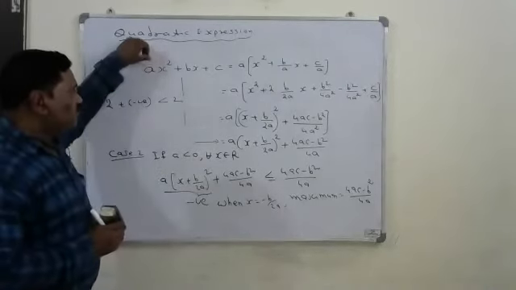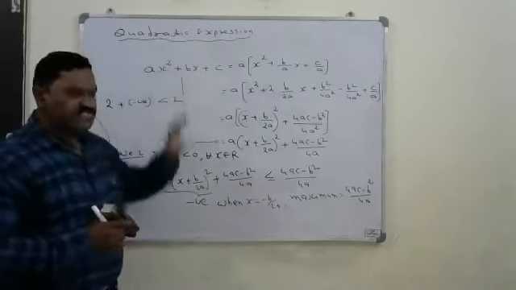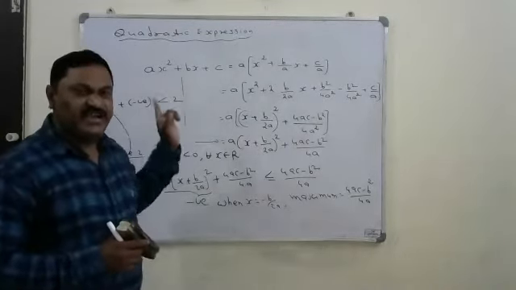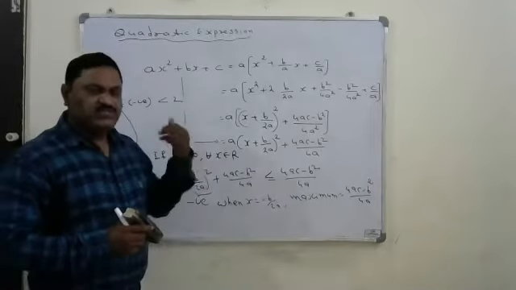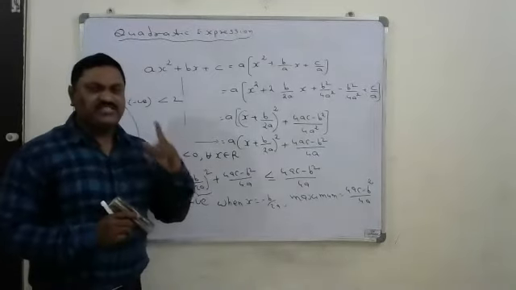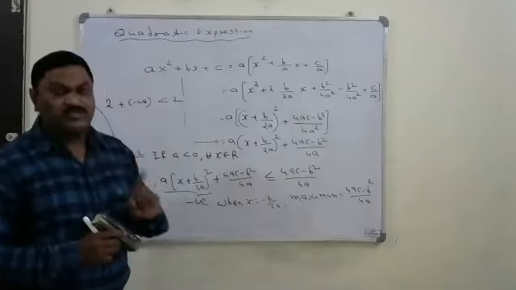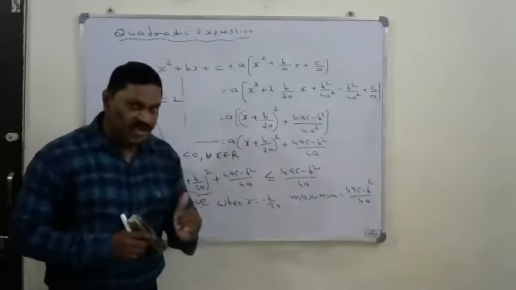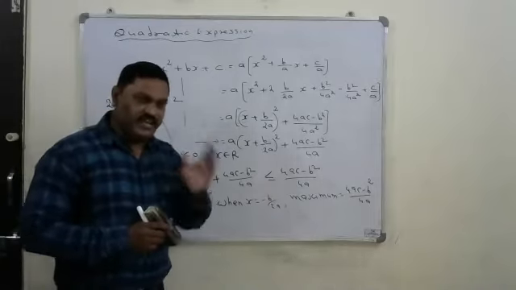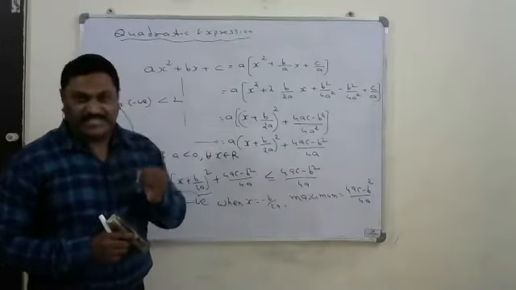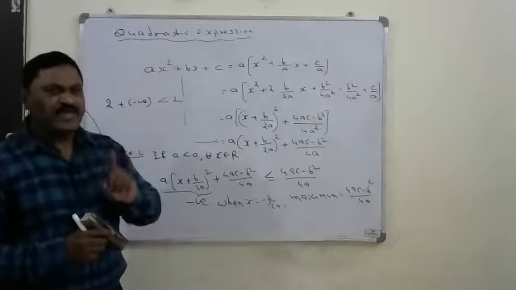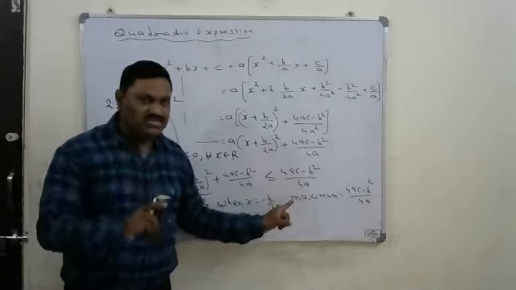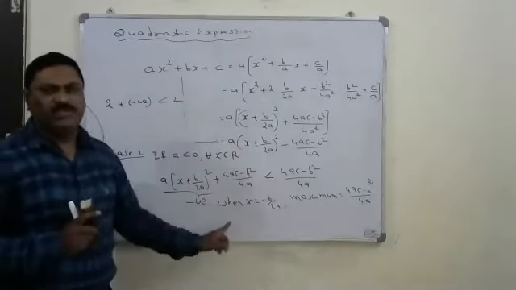So this is the point you have to remember about the quadratic expression. ax square plus bx plus c will have the maximum when the x square coefficient has a negative sign, and it will have the minimum when the x square coefficient has a positive sign. That minimum or maximum value is (4ac minus b square) by 4a, and it is available at x equal to minus b by 2a.